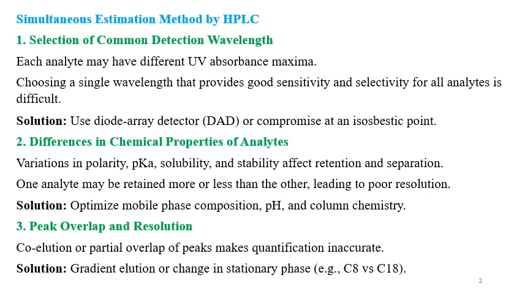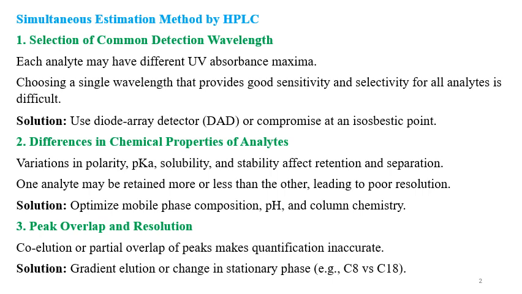Second challenge: differences in chemical properties of the analytes, variation in the polarity, differences in the pKa, differences in solubility and stability may affect retention and the separation of the components. One analyte may be retained for more time or less time than the other one. So this may lead to poor resolution or separation.